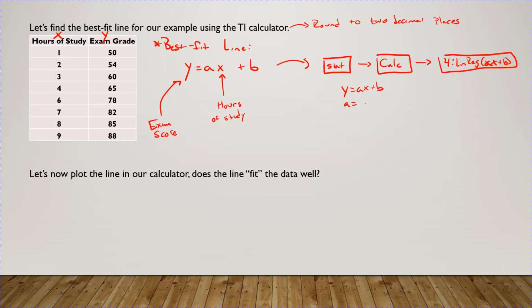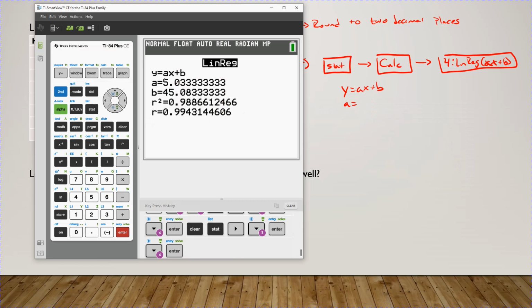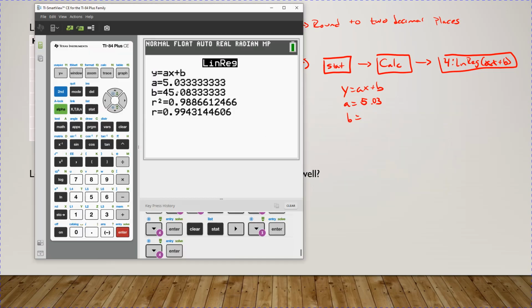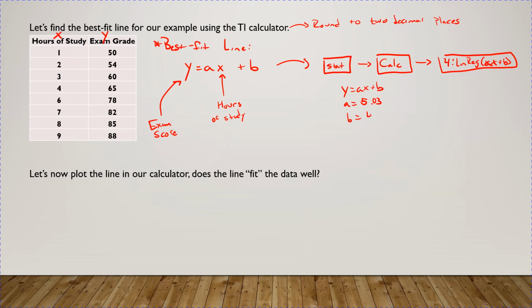It says a is equal to, so here it's going to be 2 decimal places, 5.03. And b is equal to, it looks like 45.08. All right, so we have to plug this into our equation. So this is what it's saying.